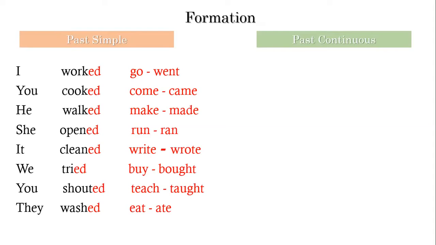That's it. But what if we have an irregular verb? If you have an irregular verb, your verb has to be changed completely. For example, if you have the verb go, you cannot just add ed. You cannot say, I goed. It will be wrong. So you have to change the verb itself. So you have to say, I went, or we bought, you taught, they ate.